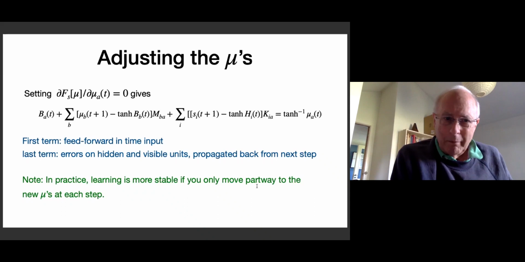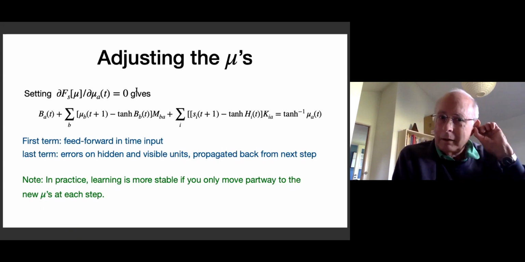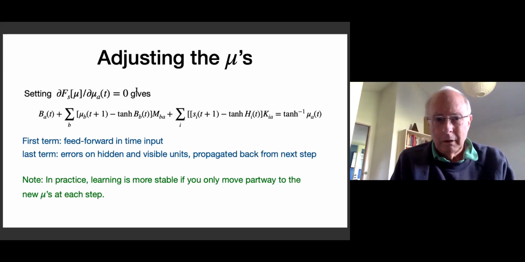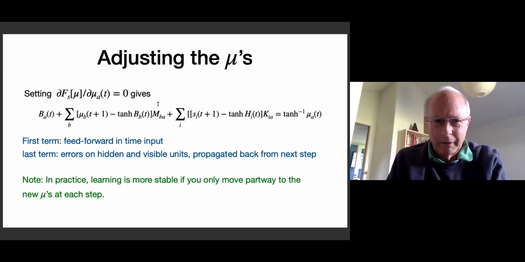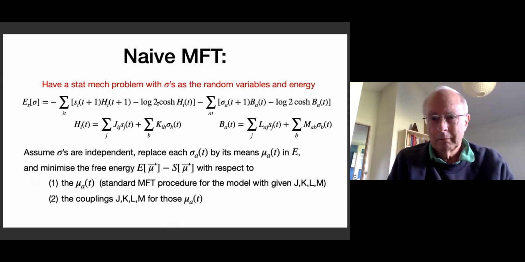Okay, so the part which I skipped, maybe I should have done it first, is you want to set df d mu equal to 0, right? For each mu sub a of t, you want to differentiate that naive free energy with respect to it and set it equal to 0. So I'm going to go back a few slides, just show you where this comes from.